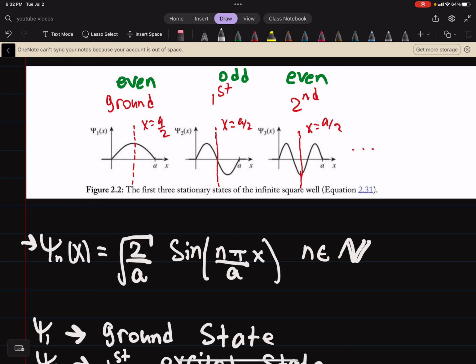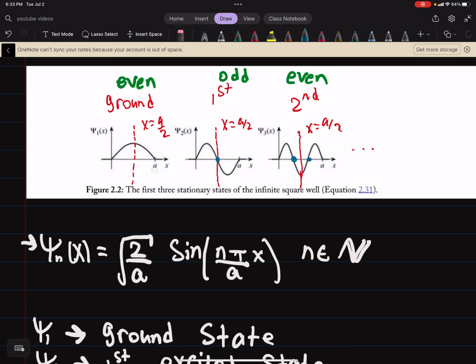The next thing we want to talk about are the nodes. So the nodes are the points where your graph crosses your x-axis. So there's a node here, there's a node here, there's a node here. There's no nodes on the ground state. And you might say, well, what about here and here? It doesn't really cross there. It more so just touches.